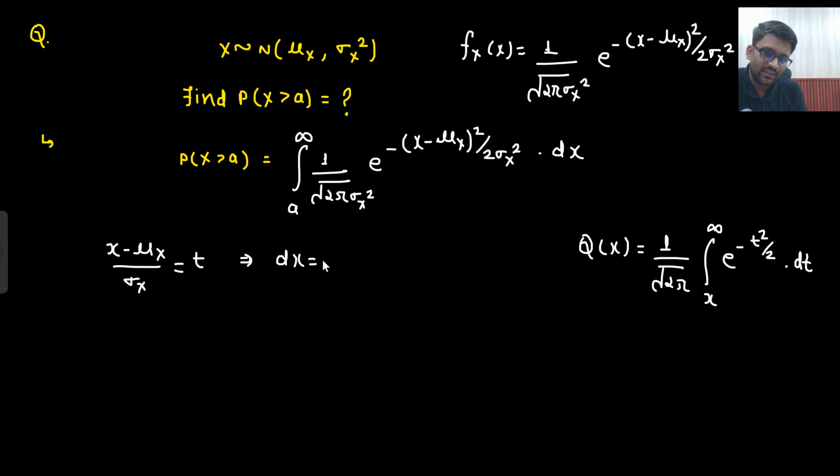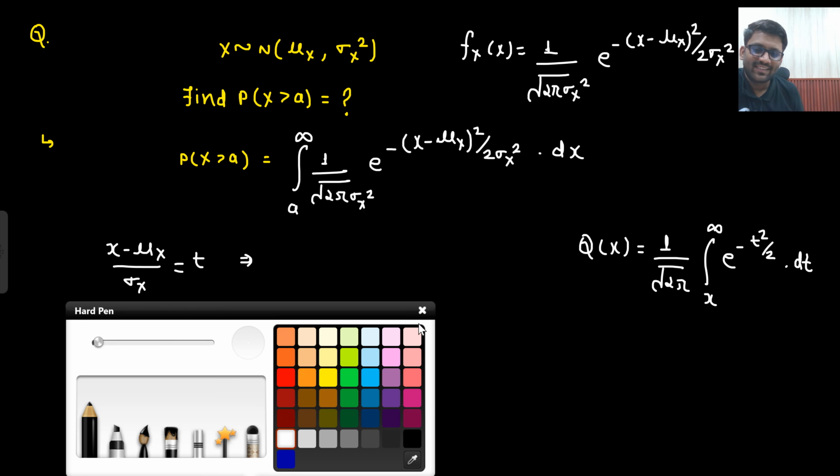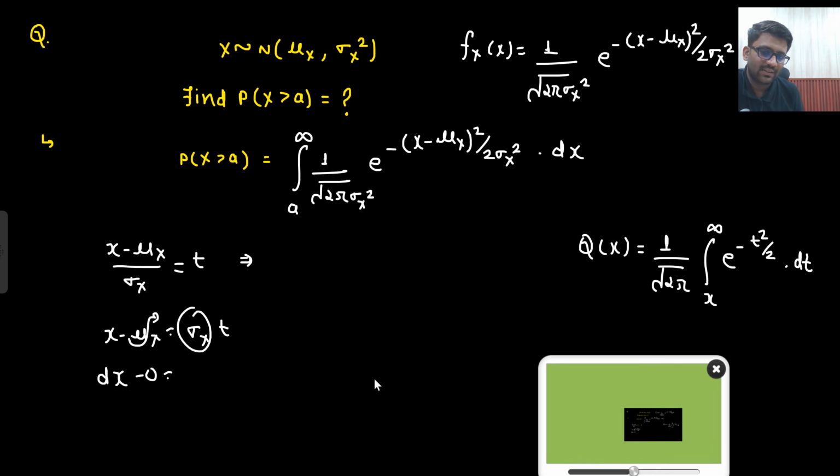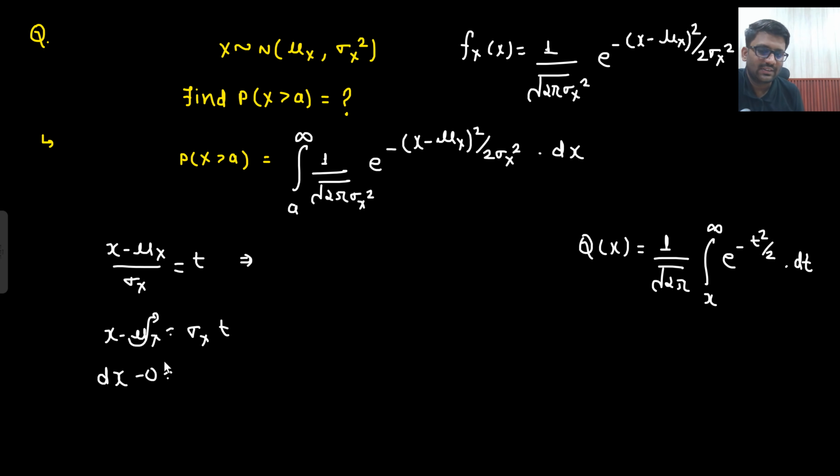Simple thing: x minus mu x equals sigma x dot t. Differentiation of x will be dx. Mu x is a constant, so its differentiation will be 0. Sigma x is also a constant, but it is in the multiplication. So dx is equal to sigma x dt, right?